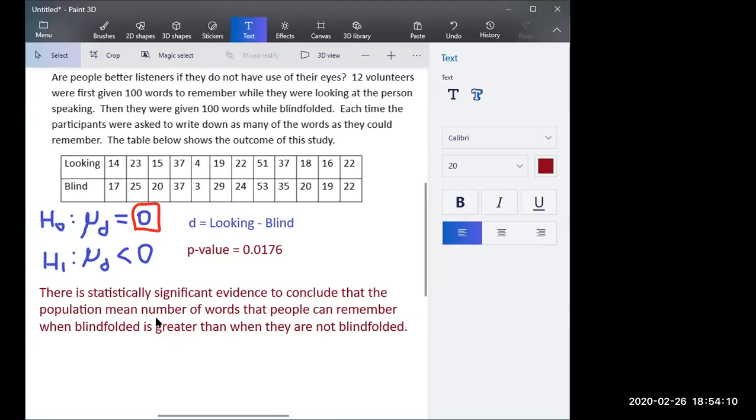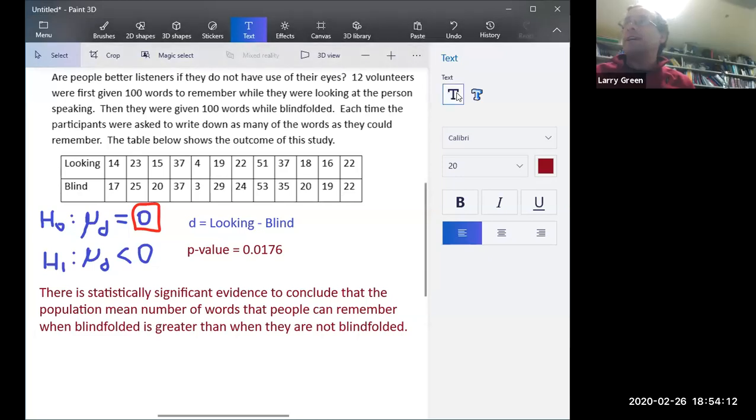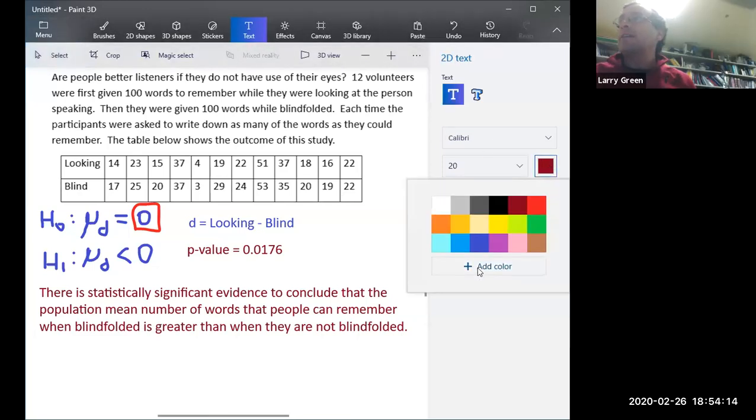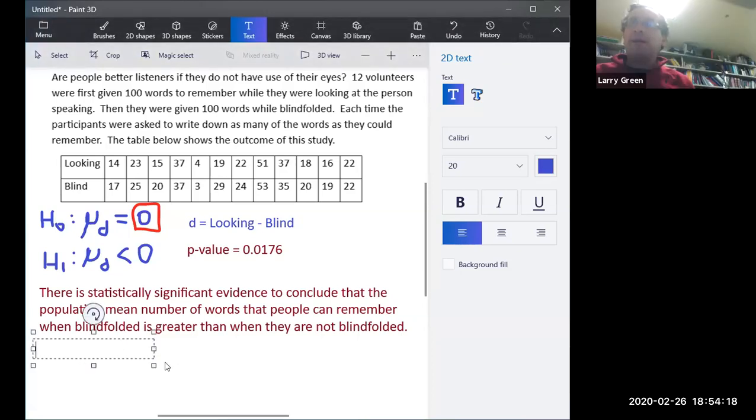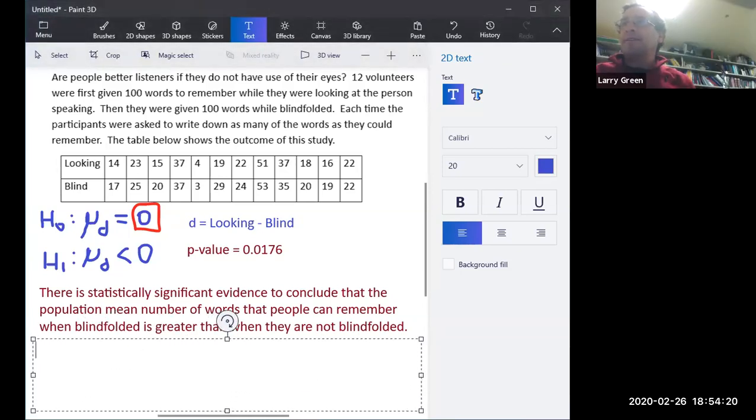If I say explain the p-value, maybe I'll type that out just for fun. That's a whole different thing. Okay. So explain the p-value is very different. Let's write it out because you asked. And you'll see it's very different. I'll do it in a different color so you see.